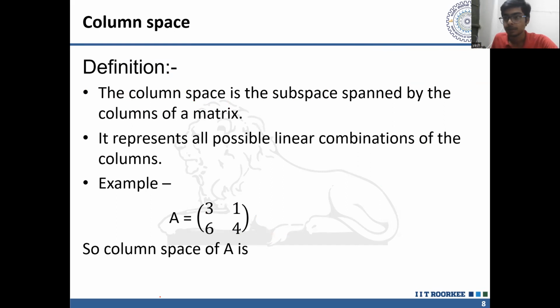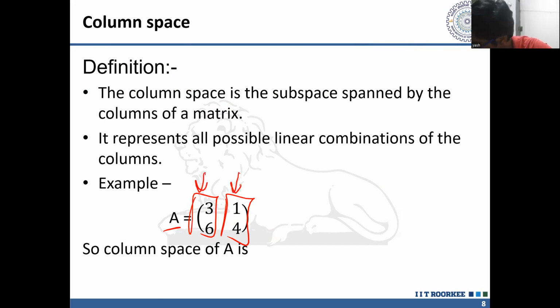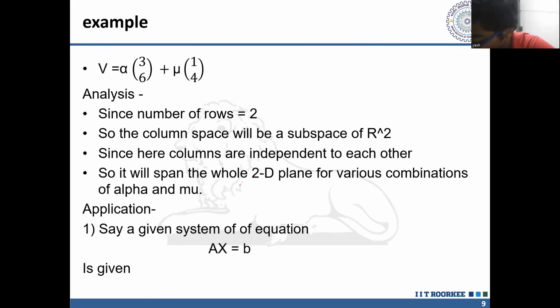Okay. So coming to our second subspace, which is the column space. Similar to row space, column space is all possible combinations of its columns. So for a matrix A, since there are 2 rows and 2 columns, its column space will be the linear combination of its columns, where again alpha and mu are constants.